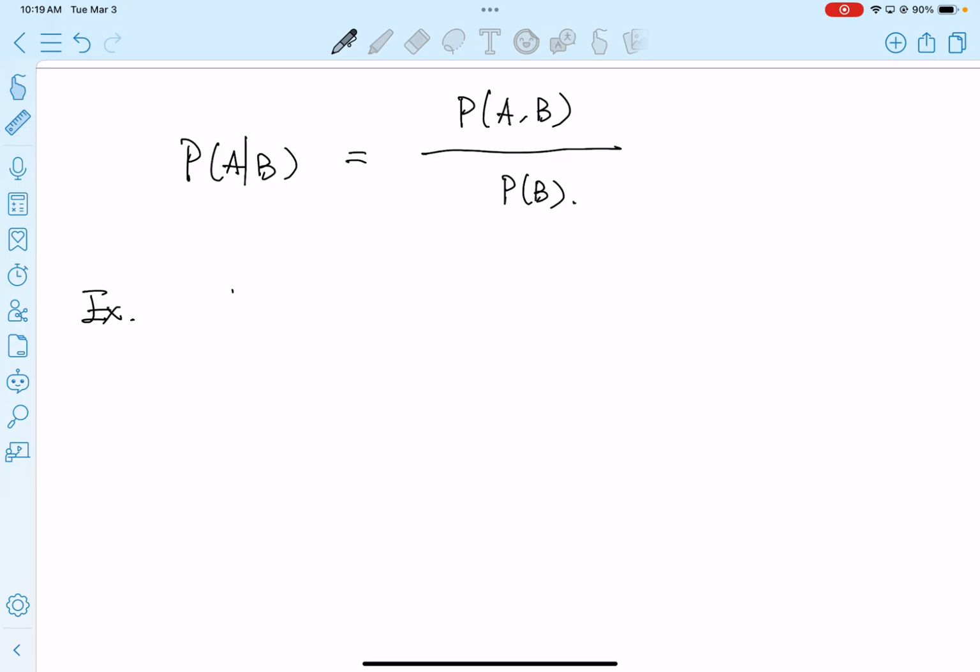Okay, so suppose there's a new test for a disease.